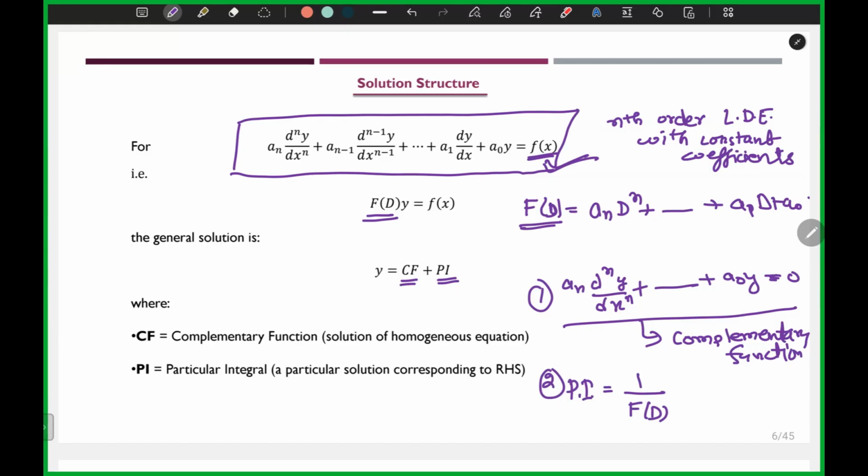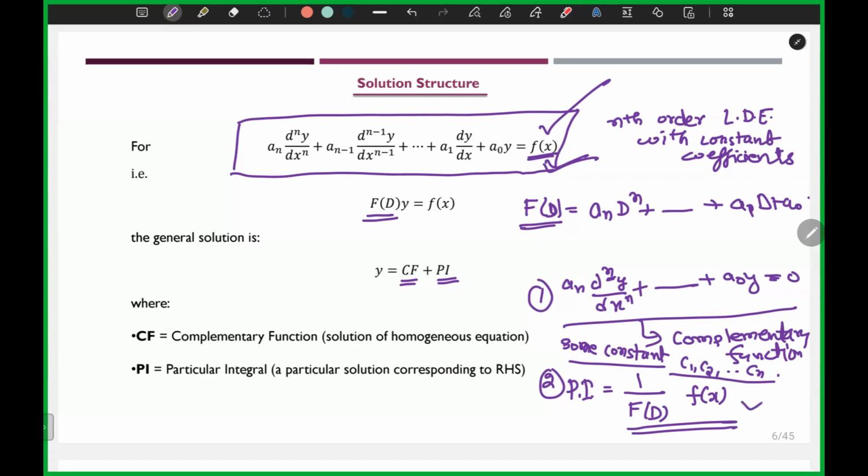The complementary function involves some constants. Here the equation is of nth order, so we will have n constants like c1, c2 and so on. But the particular integral part is respective to the function f(x), and there is no constant involved here; we just apply the differential operator.